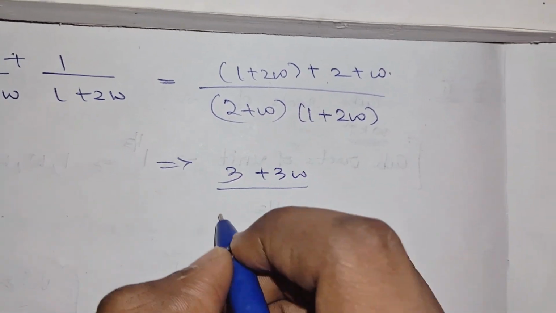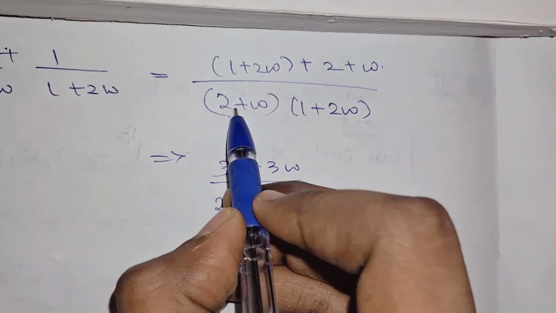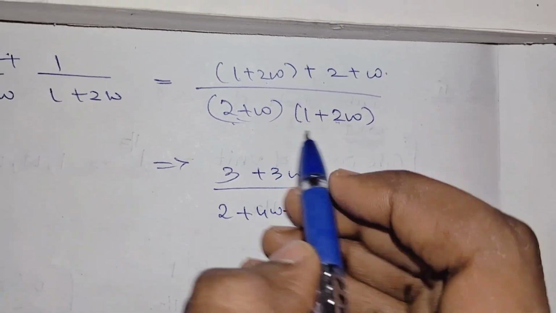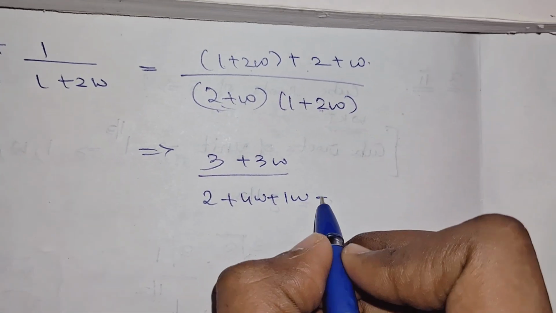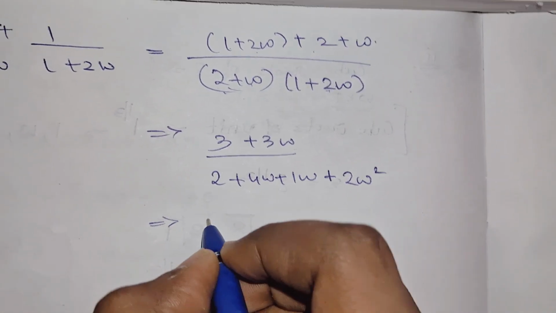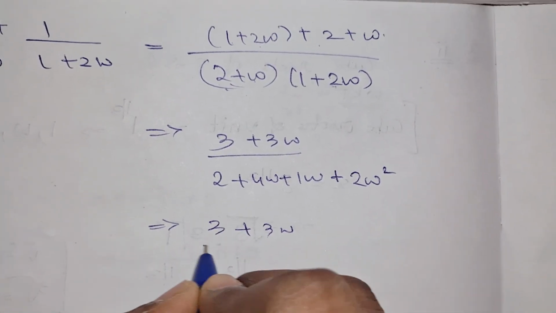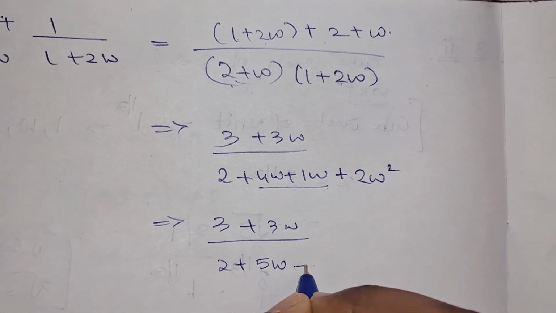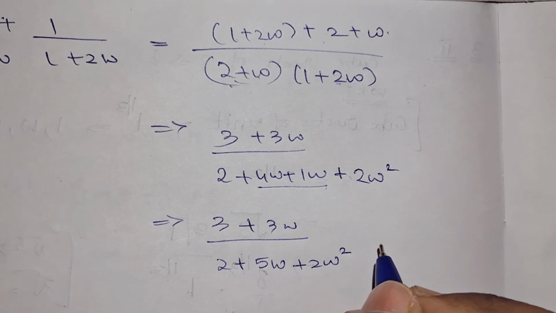In the denominator, 2 1s are 2, 2 2s are 4, so 4 omega plus 1 omega and plus 2 omega square. So we can write this as (3 plus 3 omega) by (2 plus 4 omega plus 1 omega, which is 5 omega, plus 2 omega square).